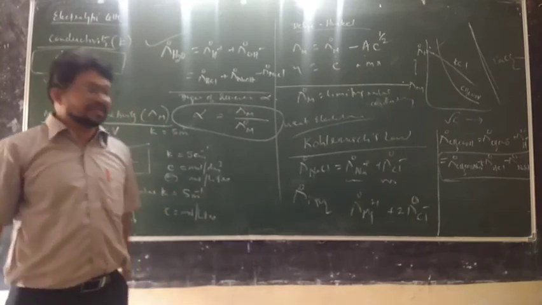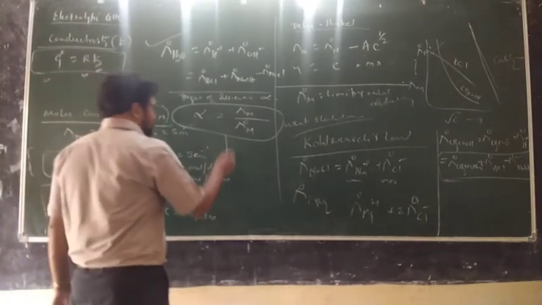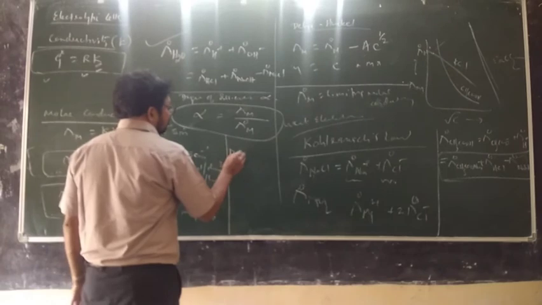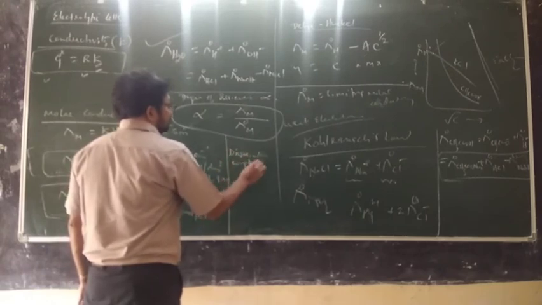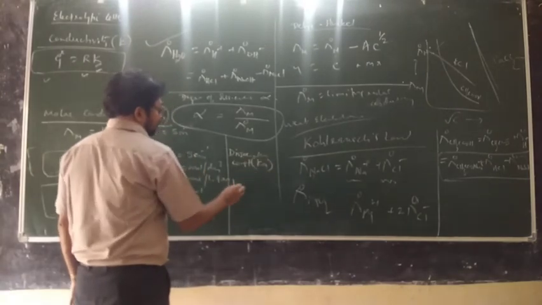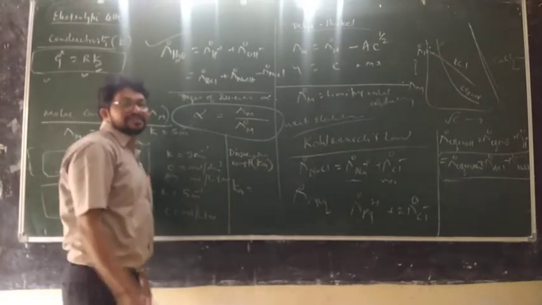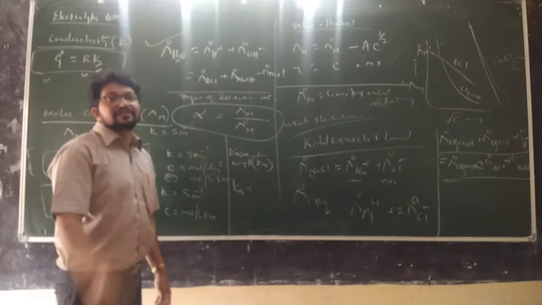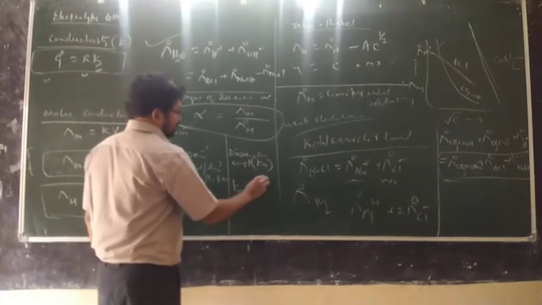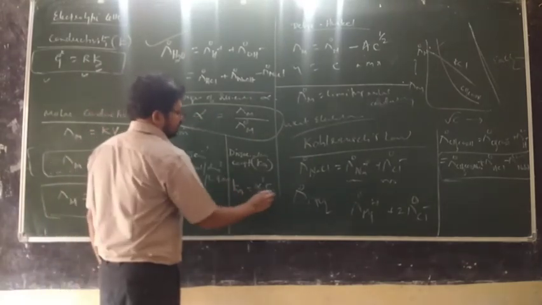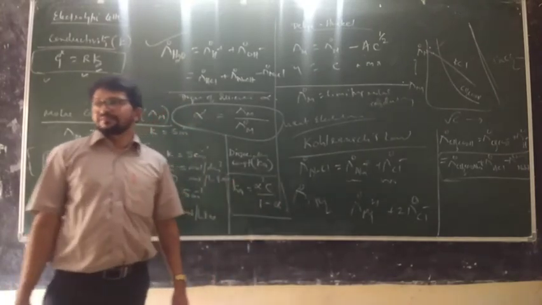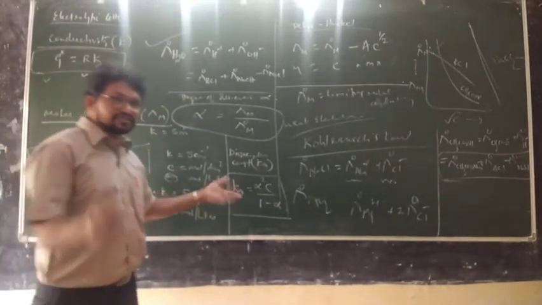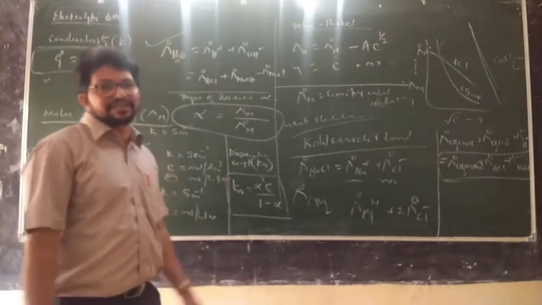Degree of dissociation alpha. And once you know this degree of dissociation, how do you calculate the dissociation constant K? There is a formula, no? Which has been studied in the first year. Equilibrium: alpha square C divided by 1 minus alpha. This is the formula. By using this formula, even the dissociation constant can be estimated.